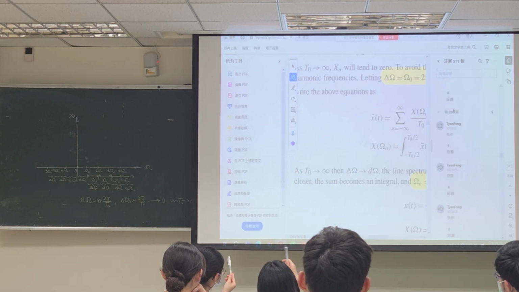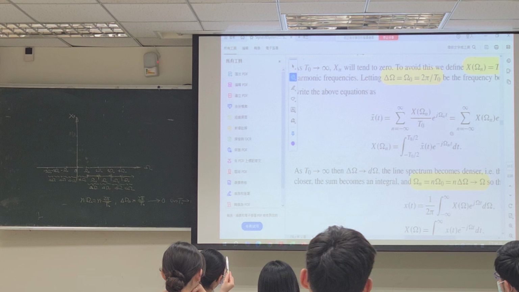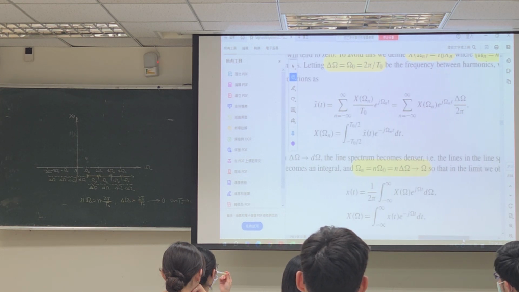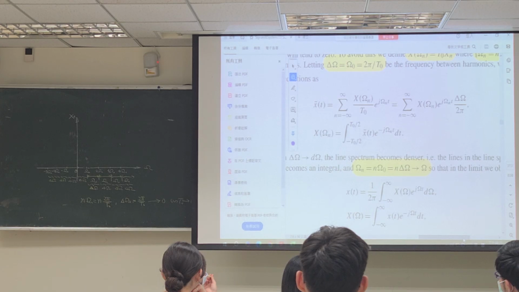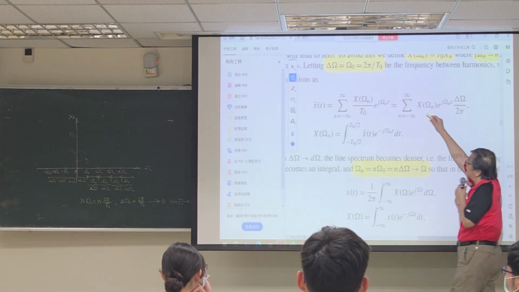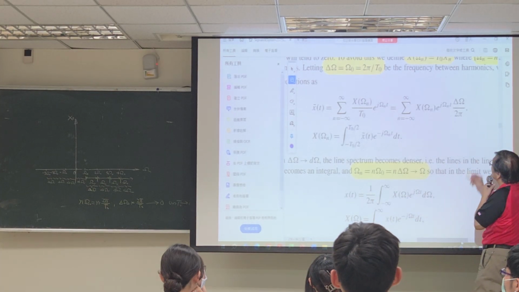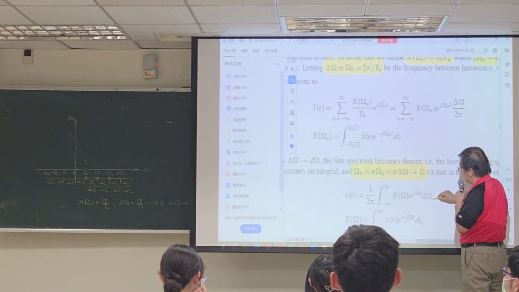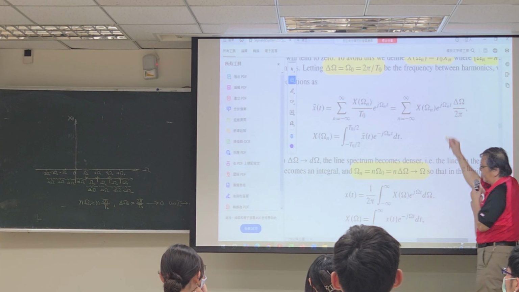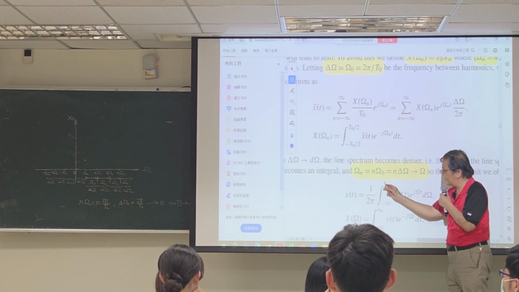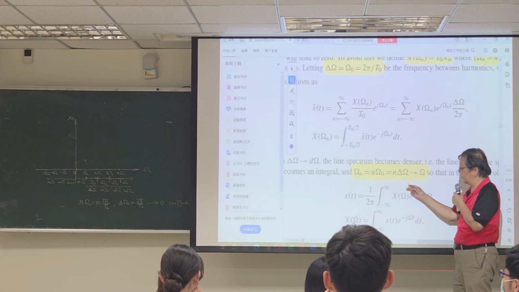Anyway, this summation can be replaced by integration, and delta omega is replaced by d omega. So x of t now becomes 1 over 2 pi times the integration.